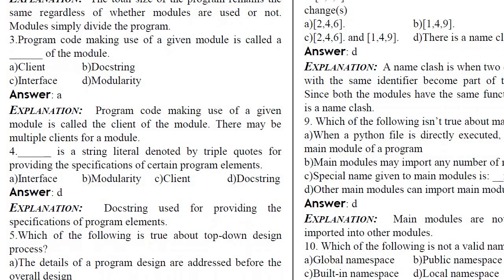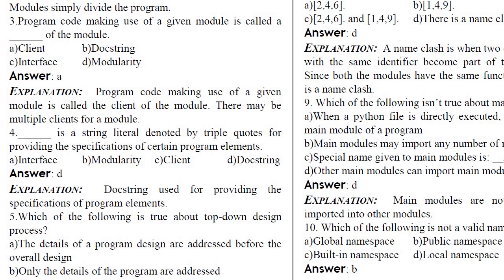Next question. Program code making use of a given module is called a dash of the module. That would be client, because program code making use of a given module is called a client of the module. There may be multiple clients for a module.